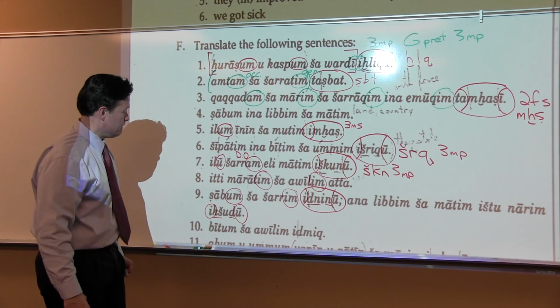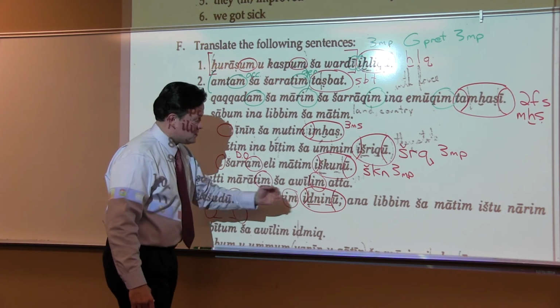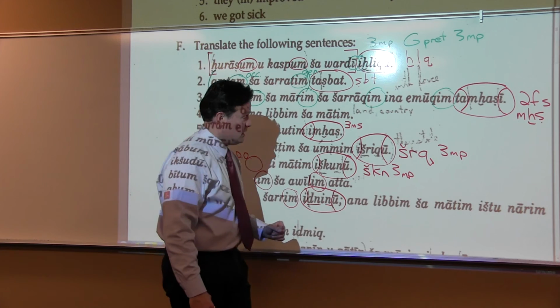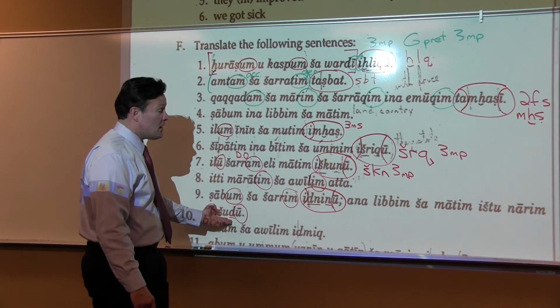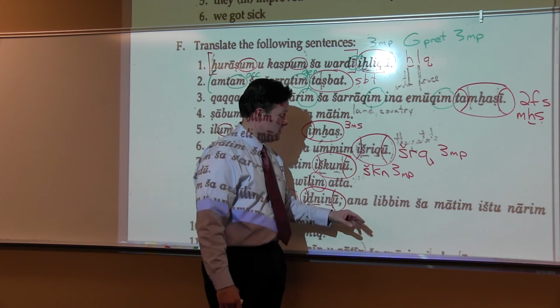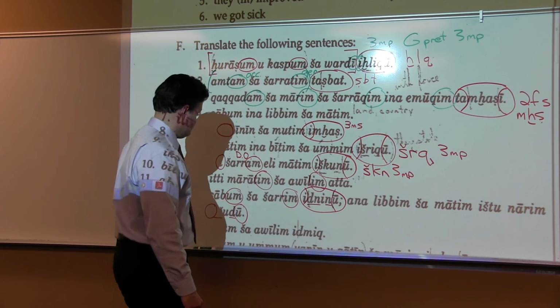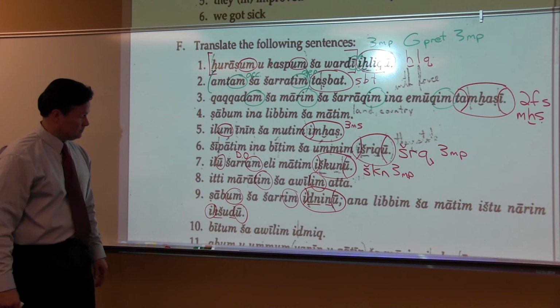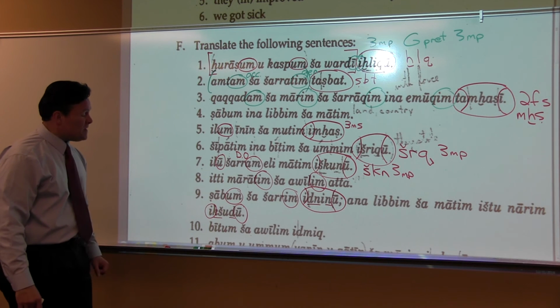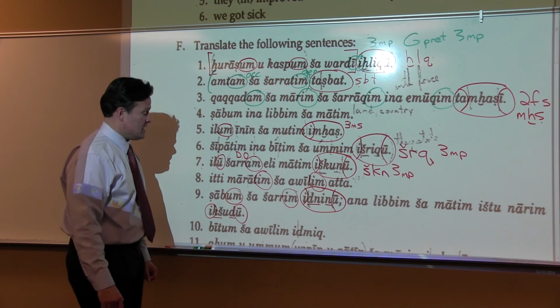So from the beginning, the army of the king grew strong. They conquered from the river to the heart of the land. Number 10. Bitum sha awilim idmik.